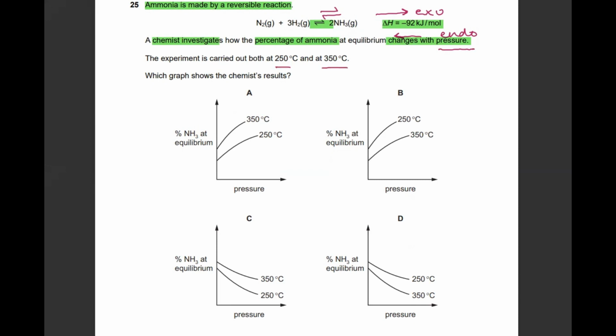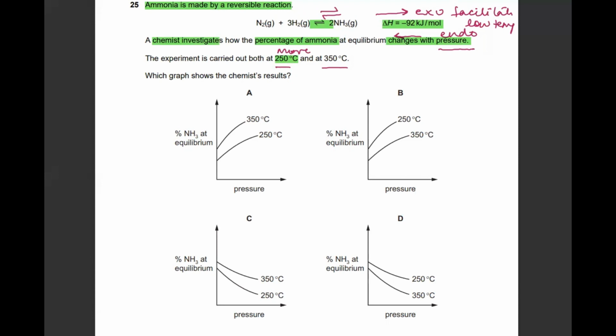One very important thing we need to understand: according to the equation, the forward reaction is exothermic, and exothermic reactions are always favored by low temperatures. So that means the yield will be more at 250 degrees Celsius. Here I'll be getting more yield because I know the forward reaction is exothermic.